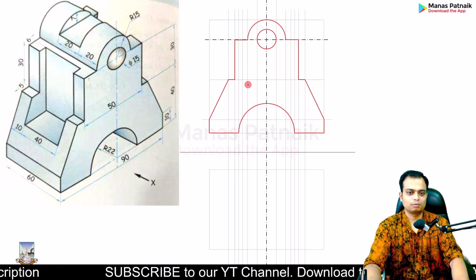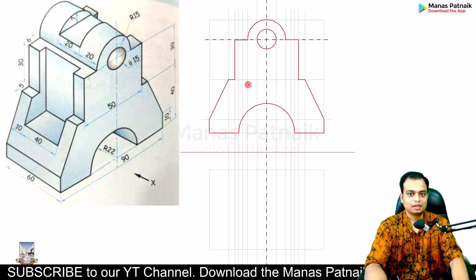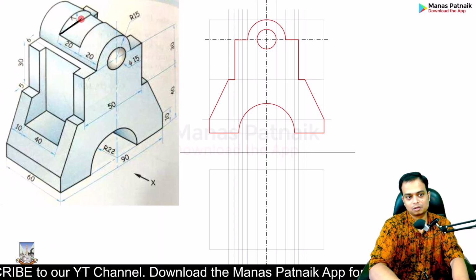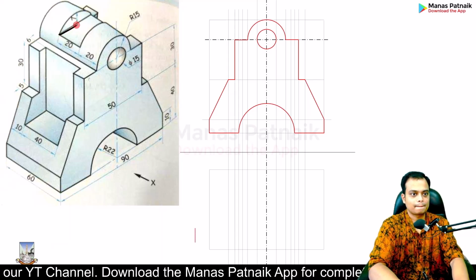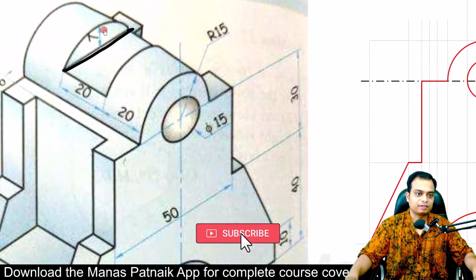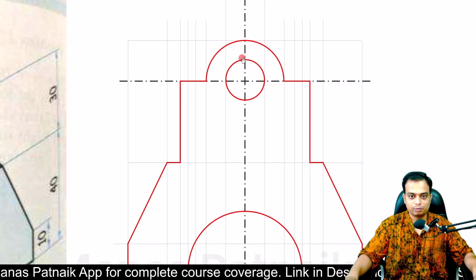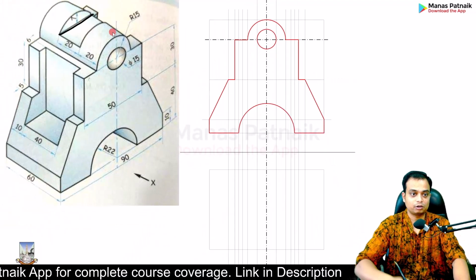Just a few hidden lines are left. We are going to work it out. Don't worry. Take a look at this now. Can you see this? Once again, how far below is this from the topmost periphery? This is 7 millimeters below. So from here, 7 millimeters downwards, you need to make a hidden line, because that is not going to be visible.